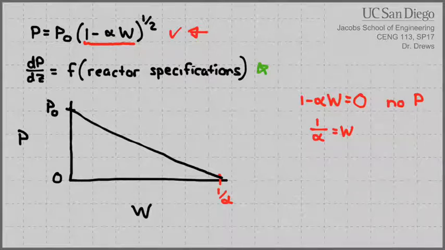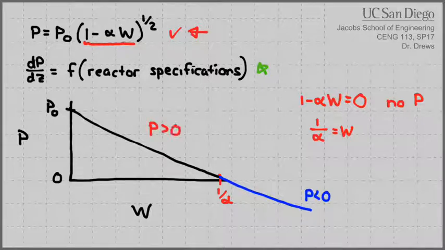The problem comes in when we actually calculate what that pressure is. Eventually, that pressure will go negative. So down here we have P less than 0, and up top we have P greater than 0.